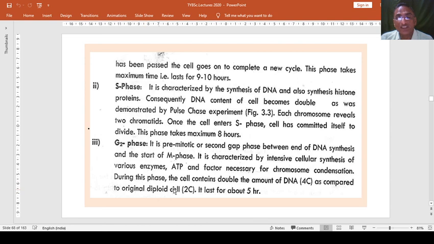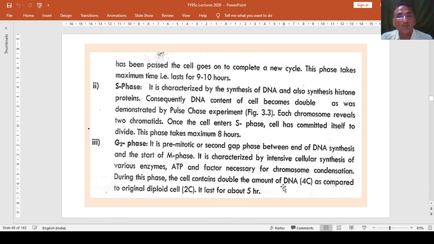During this phase, the cell contains double the amount of DNA. As we have seen in the previous phase, it becomes double. So here the amount of DNA doubles, means here double and here again double, means 2 and 2, 4. Therefore, it will make a maximum amount and be ready for division of the cell in the next stage, the mitotic phase. As compared to the original diploid cell, 2C becomes 4C. It doubles and it lasts for about 5 hours.